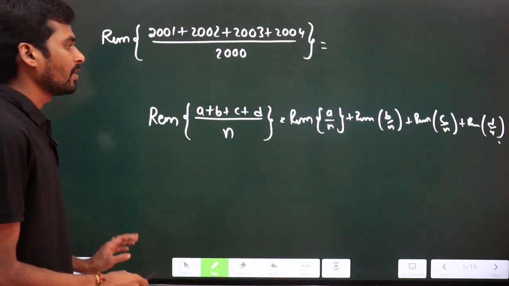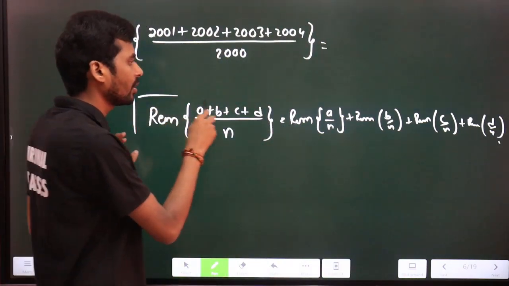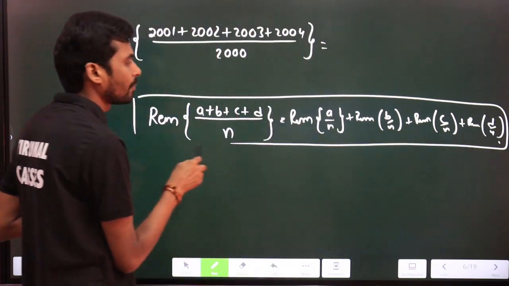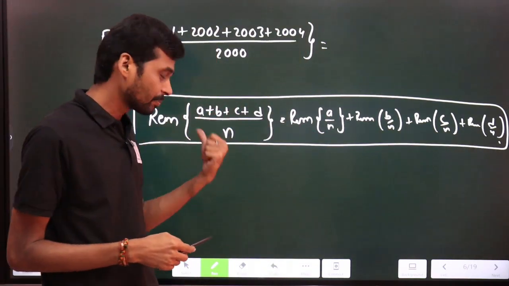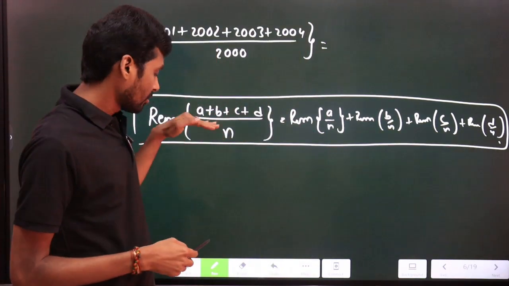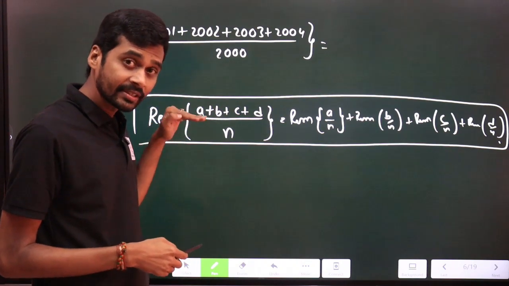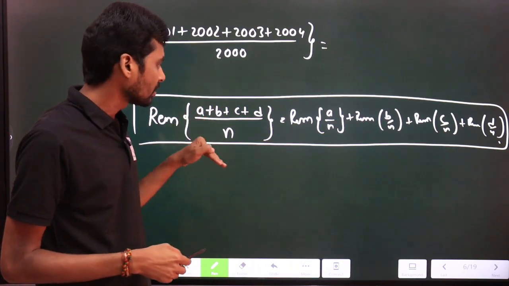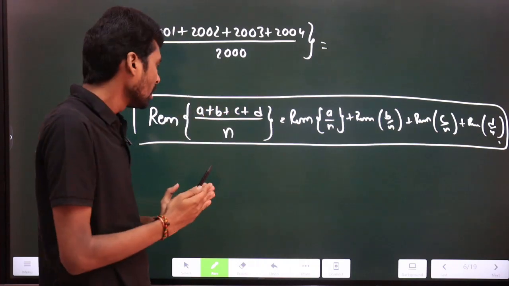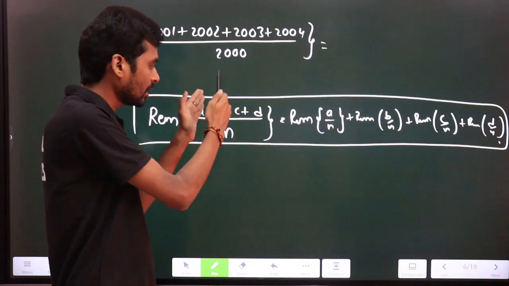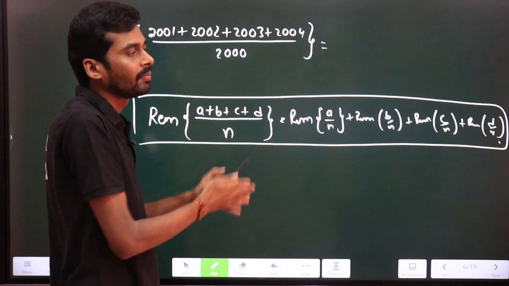When you are adding or subtracting numbers and dividing by the same divisor, you can split those numbers and take the remainder of A by n, B by n, C by n, D by n.